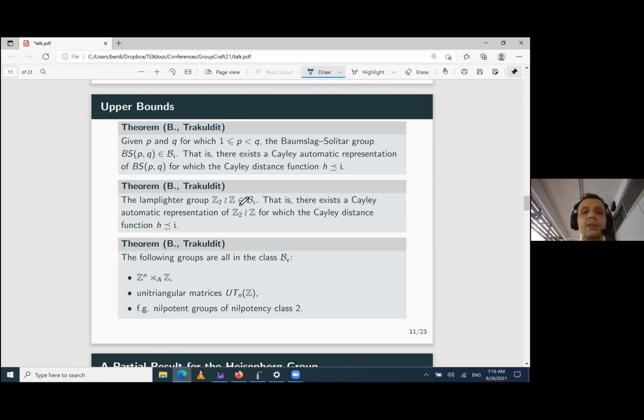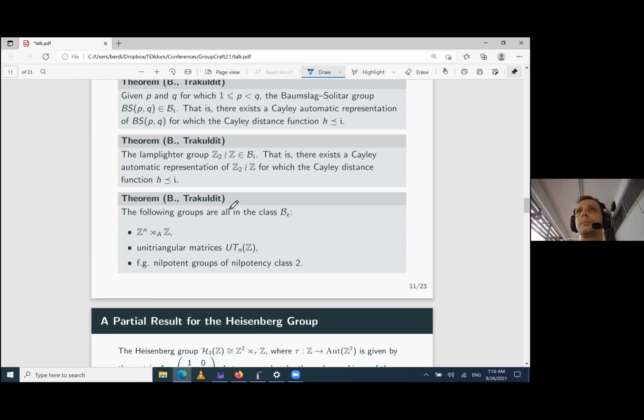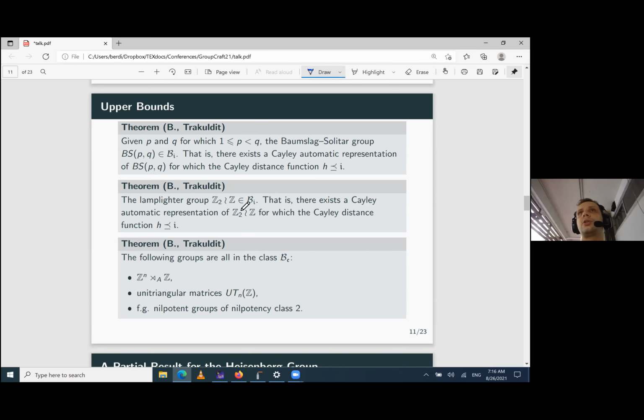And a similar case for the lamplighter group. It's even easier. You can just construct a Cayley automatic representation for which the Cayley distance function is bounded from above by the linear function. And again, for the lamplighter group, this means that we already know exactly the sharp lower bound. It is the linear function.